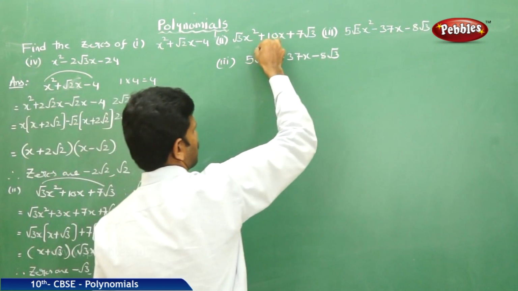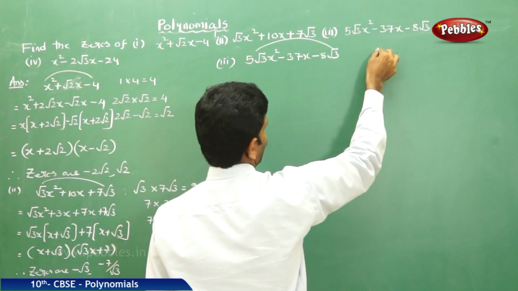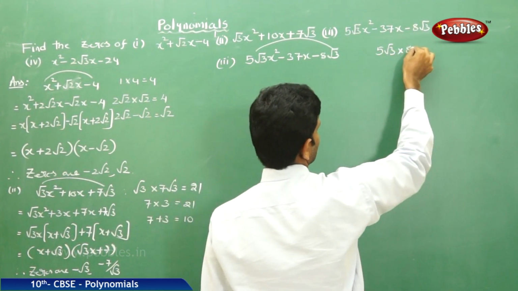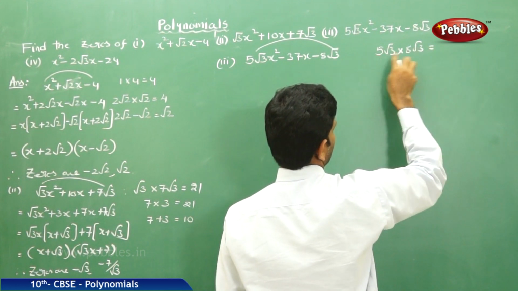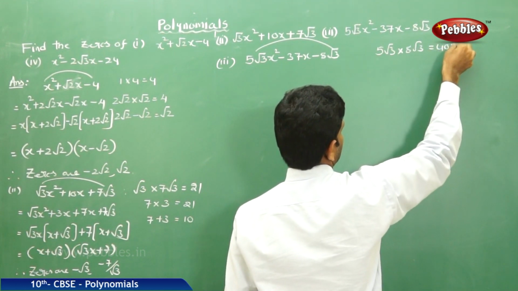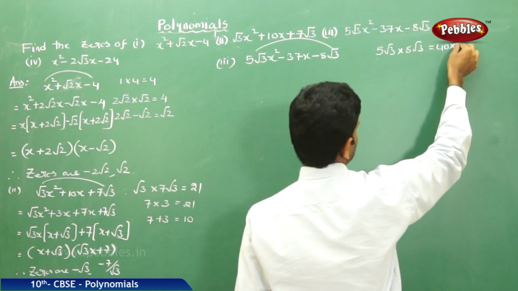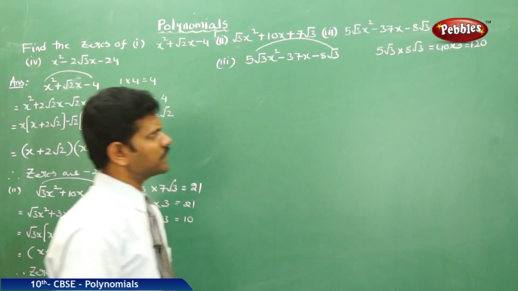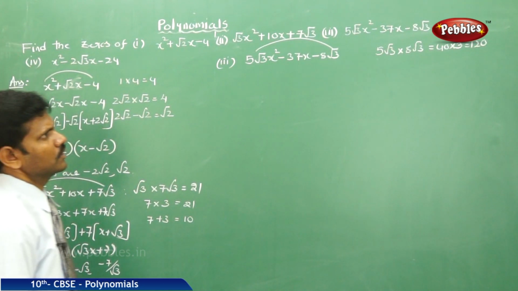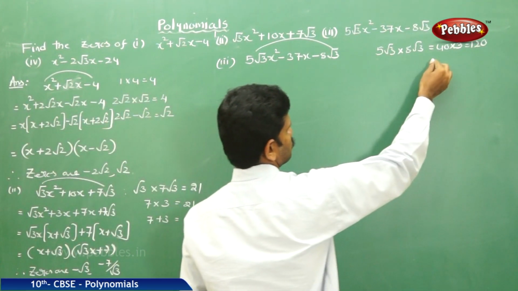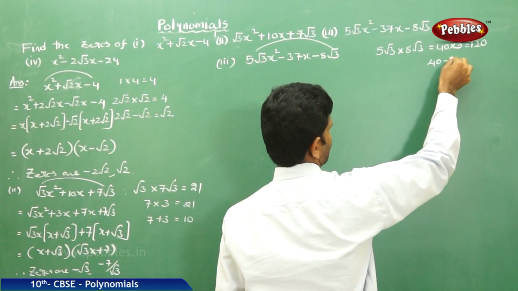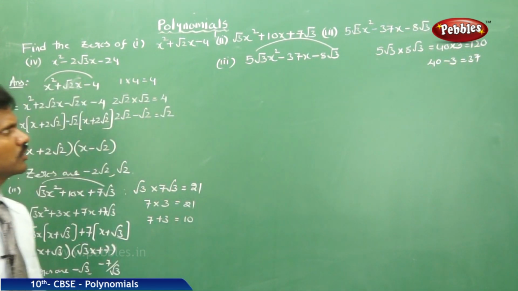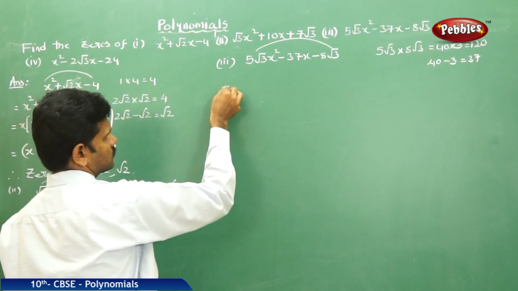Again first give the mapping. 5 root 3 into 8 root 3, that is equal to 5 eights are 40 into 3, that is equal to 120. For 120 you have to find out the factors. Subtraction will give you 40 minus 3, 37. Now arrange in order.